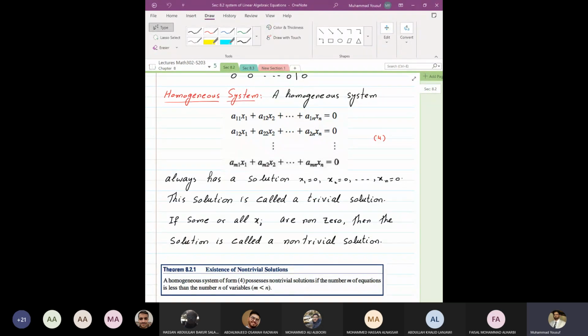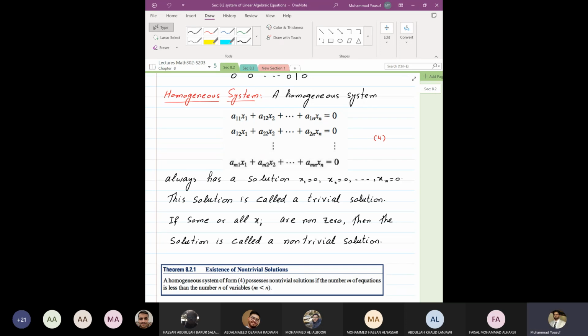A homogeneous system always has a solution which is the zero solution, that is, all the variables equal to 0 always satisfy all these equations without any problem. It always has a solution x1 = 0, x2 = 0, xn = 0. This solution is called the trivial solution, and we are not interested in this trivial solution.